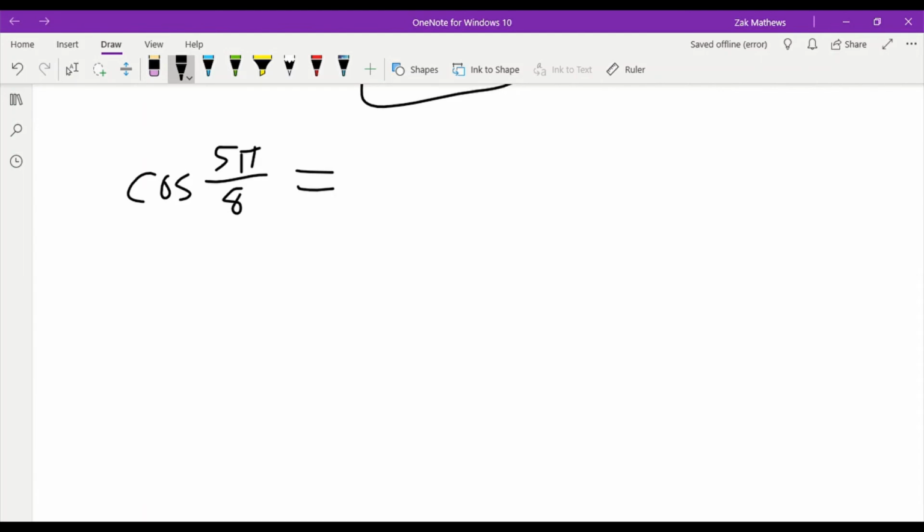So we can use kind of the same trick we did just a second ago, where I'm thinking, well, what half of what is going to give me 5 pi over 8? And so if we want to solve this equation, we'd multiply by the 2, and we'd see we get 5 pi over 4.